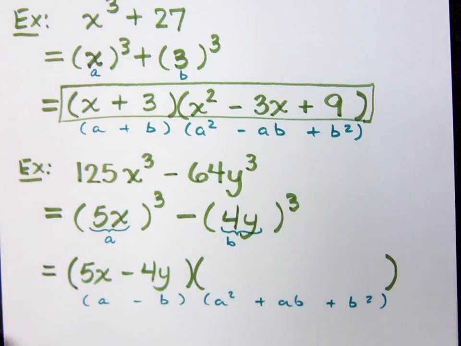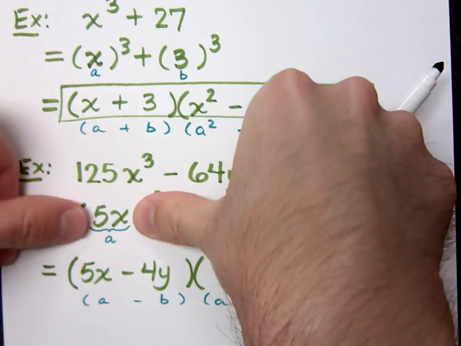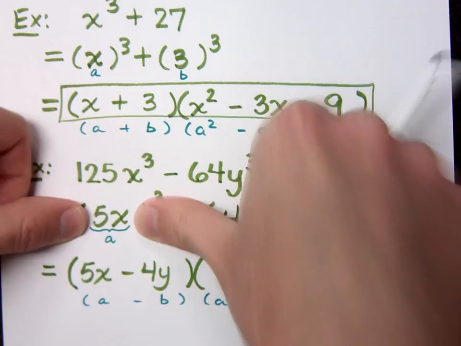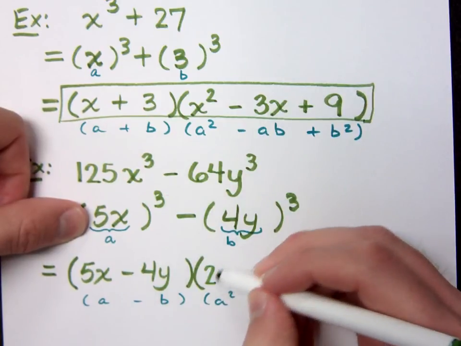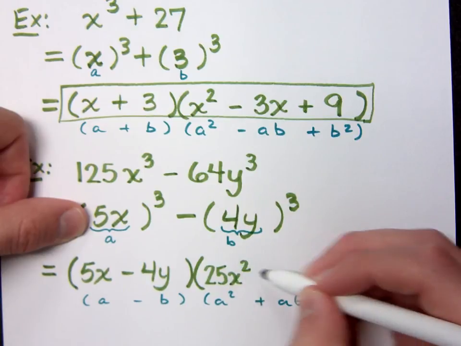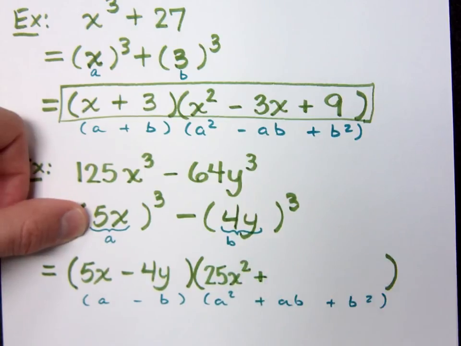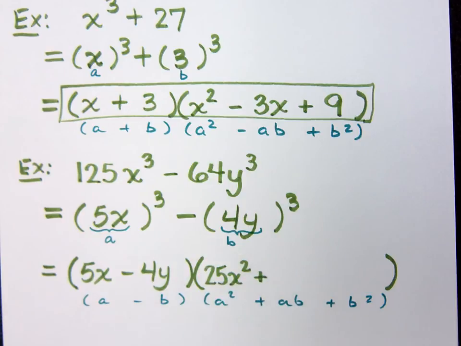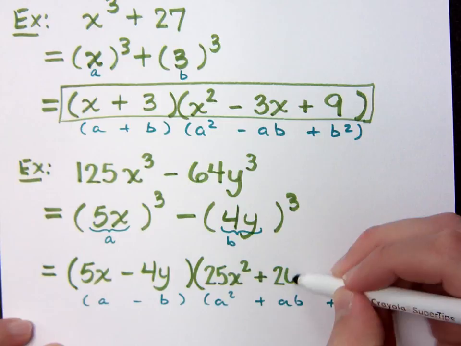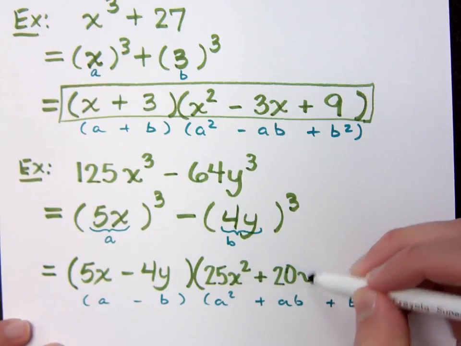Now this is the tricky part. How do you write A squared? 5x squared. If this right here is my A, the formula says to square that. So when you square that, what do you have? 25x squared. Plus, what's the product of A times B? 20xy. Right, so 5 times 4 is 20, and then we're just going to tack on the x and y.